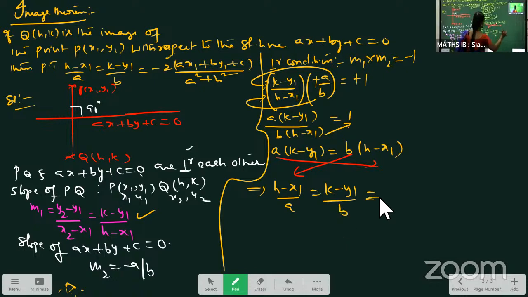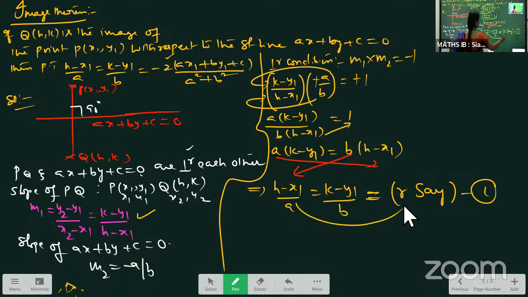Now what we have to do here? Take r, same like the foot of the perpendicular theorem. Make it equal. Then h minus x1 by a is equal to r, k minus y1 by b is equal to r.